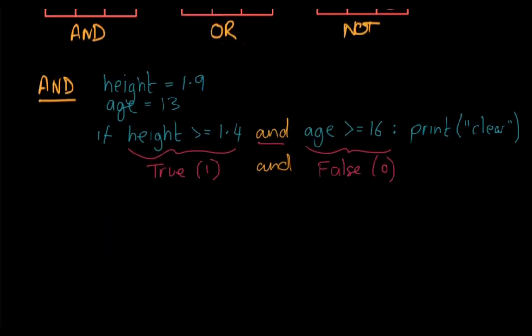So in other words, when this evaluates, it evaluates to false, which abstracts to 0, or the opposite of that, de-abstracts. So the decision statement is false, and that doesn't print clear. So in this particular scenario, that won't print. I mean, that makes logical sense, doesn't it?